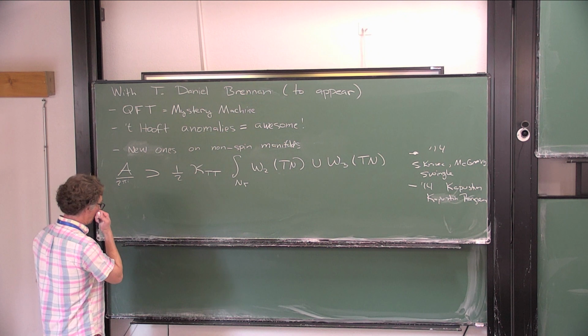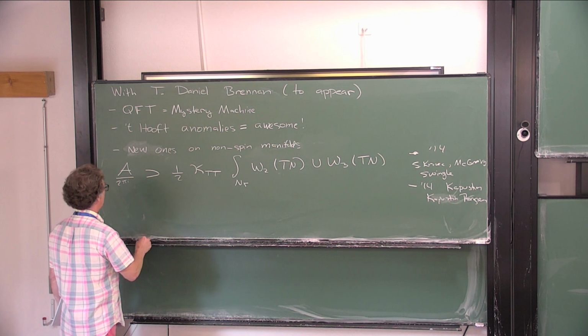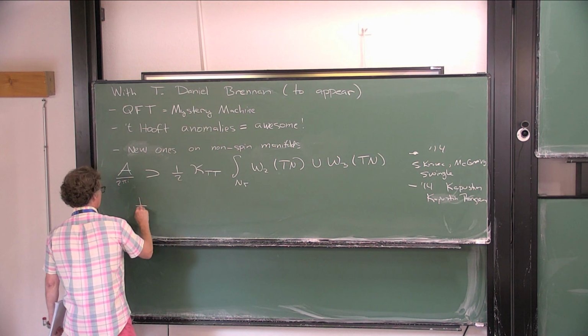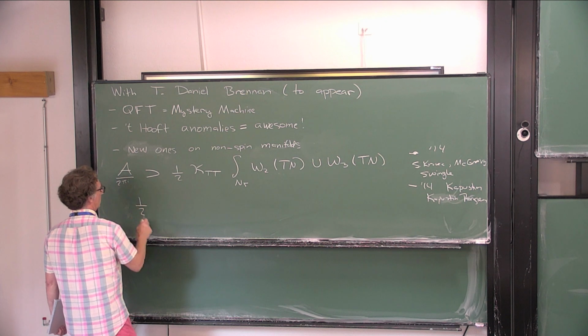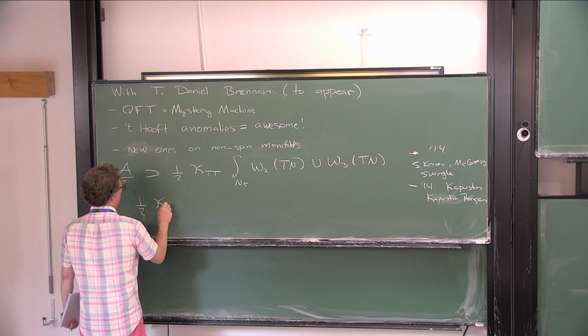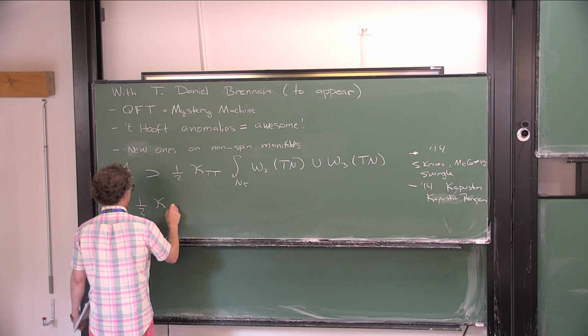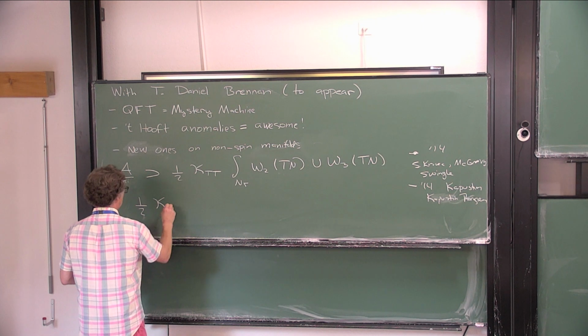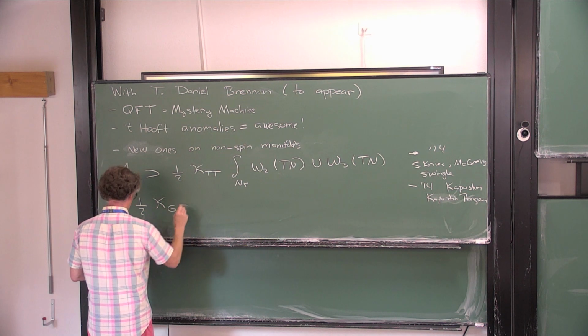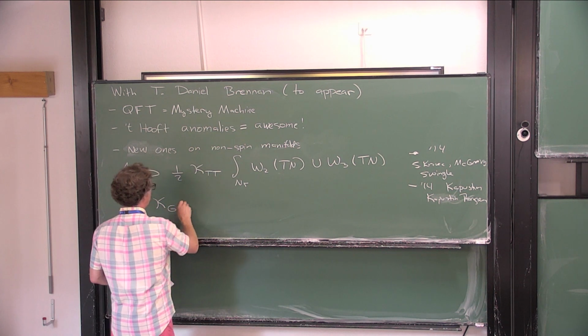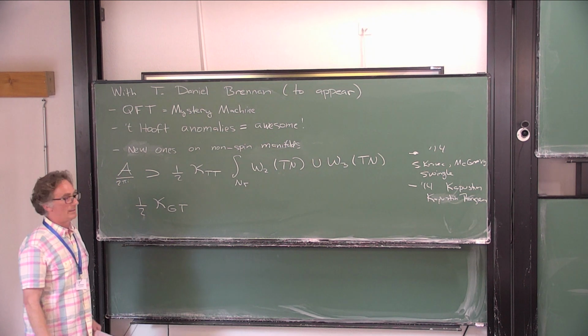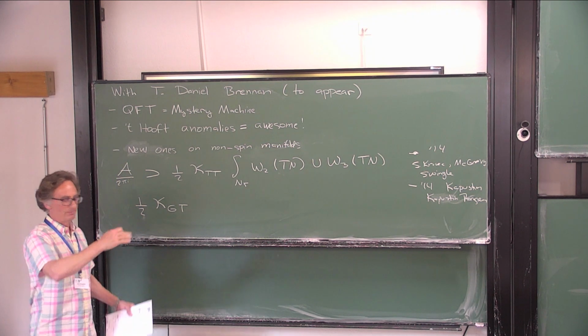An example of an anomaly that comes in that context, I'll write it slightly differently. We have a term again like this, which is a half kappa of G for the gauge group, and T. I'll explain my notation in a little bit, but T is basically like tangent manifold.